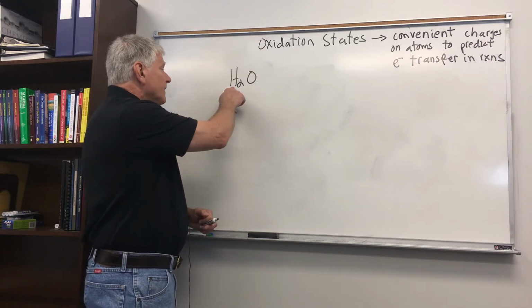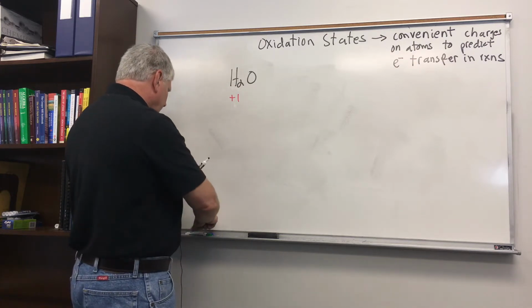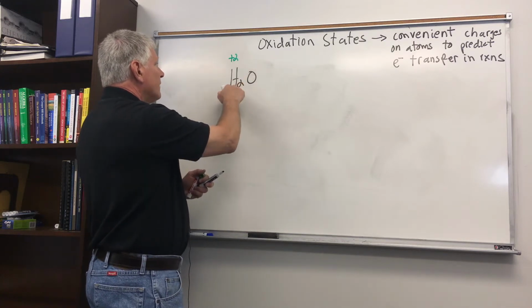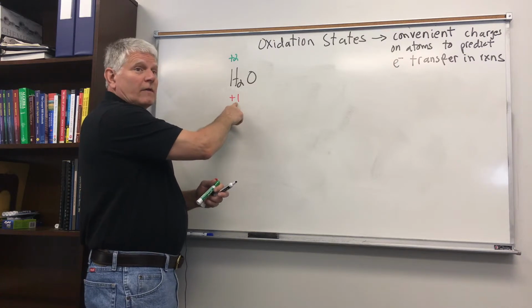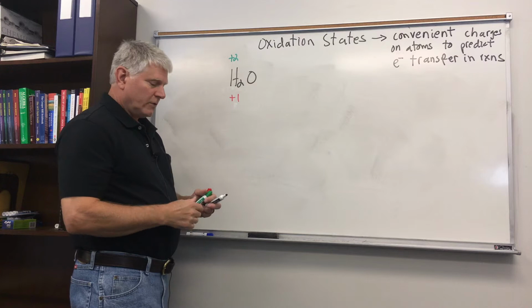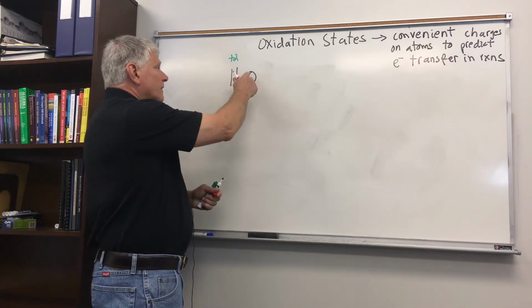So each hydrogen atom is +1. So that means we have +2 total because we have 2 hydrogens. So the oxidation state of hydrogen is +1. We have 2 of those, so that gives a total of +2. Now we assign the oxidation state of oxygen.